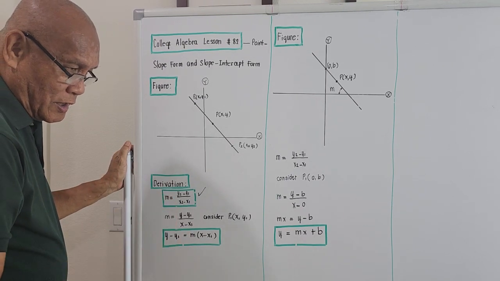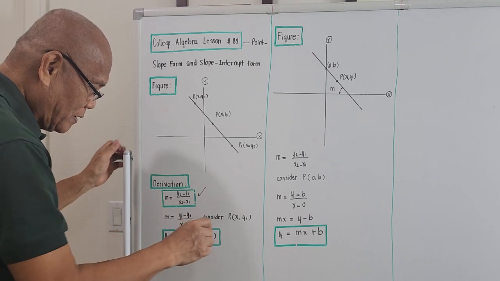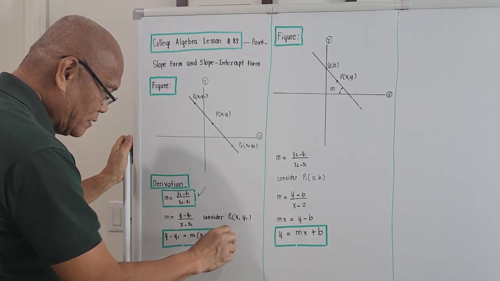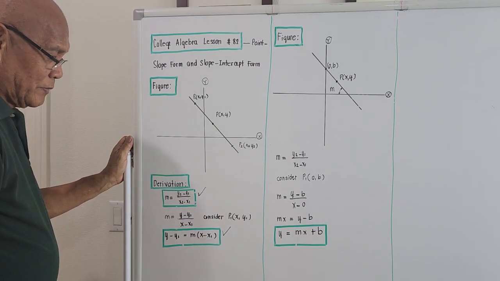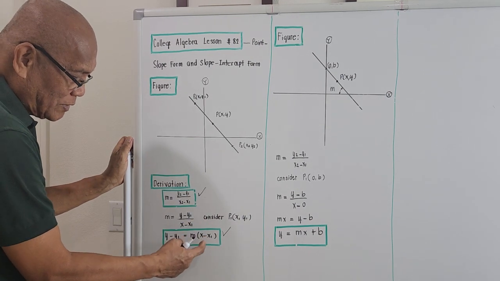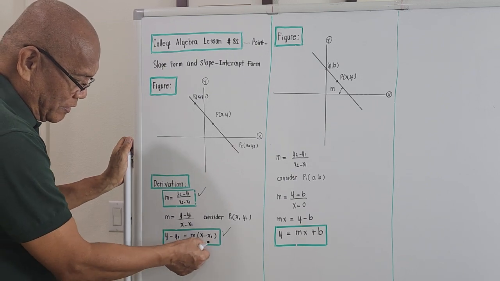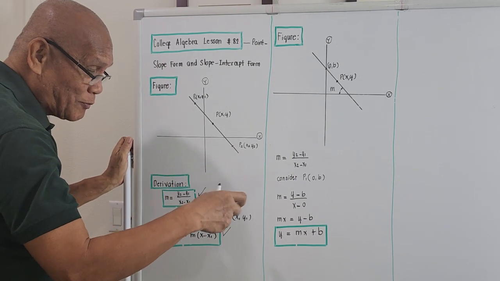So the general equation for the so-called point slope form is this equation here. Y minus y sub 1 is equal to m times the quantity x minus x sub 1. No more subscript here, because we are solving for the equation, right?